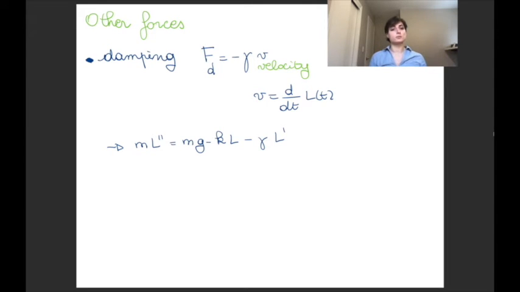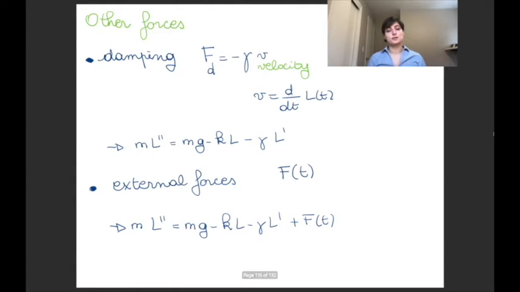Are there other forces? There is a damping force. It's a force that impedes movement, and it gets bigger the bigger the velocity. So the damping force is in the shape minus gamma times v, where v is the first derivative of L. So if we add this force to our already constructed equation, what we have is m L second equals mg minus kL minus gamma L prime.